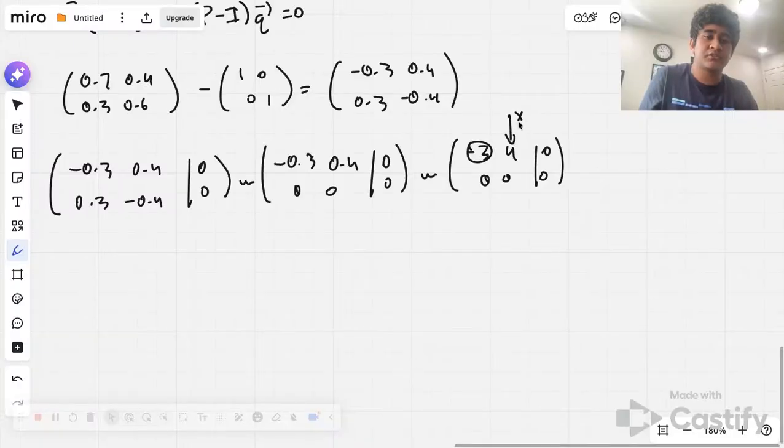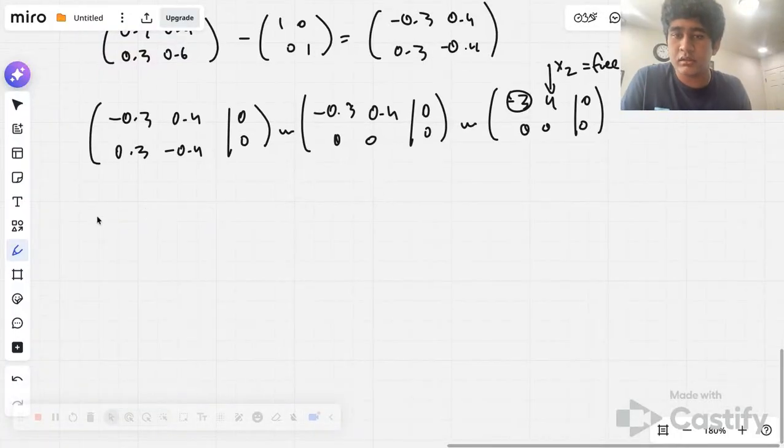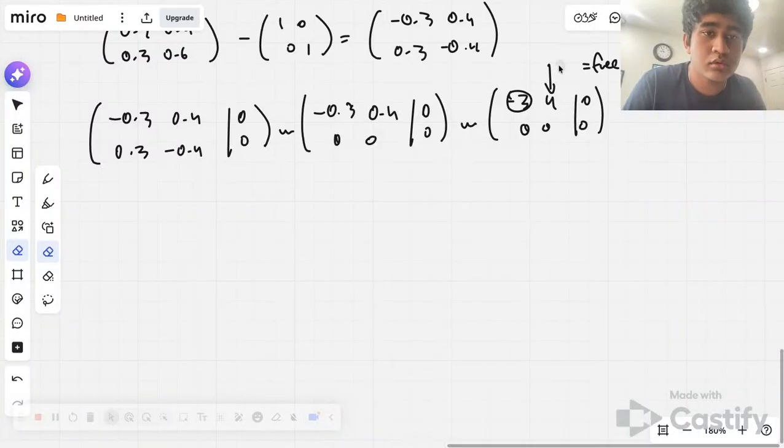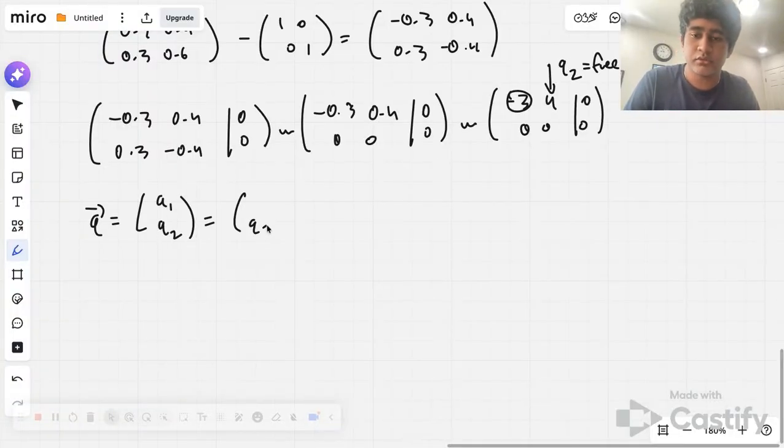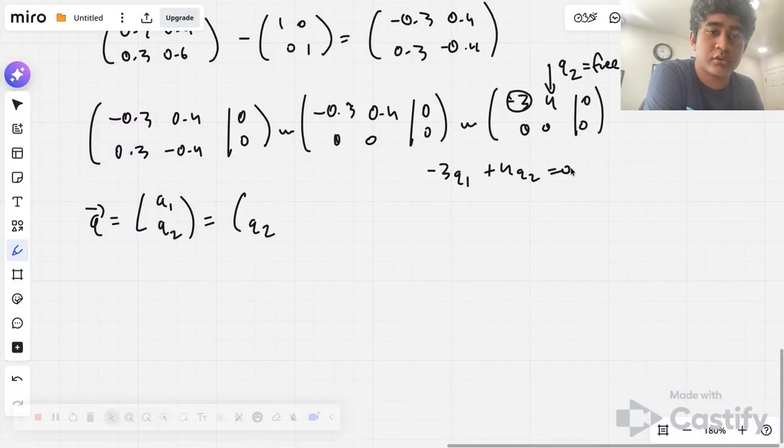So this tells us that x2, which is the variable corresponding to the second column, is going to be free. We'll call this q2 because we're just dealing with the variable q. So we can say that q is just equal to q1, q2, and we know that negative 3q1 plus 4q2 equals 0, so we get that q1 is just 4/3 of q2.